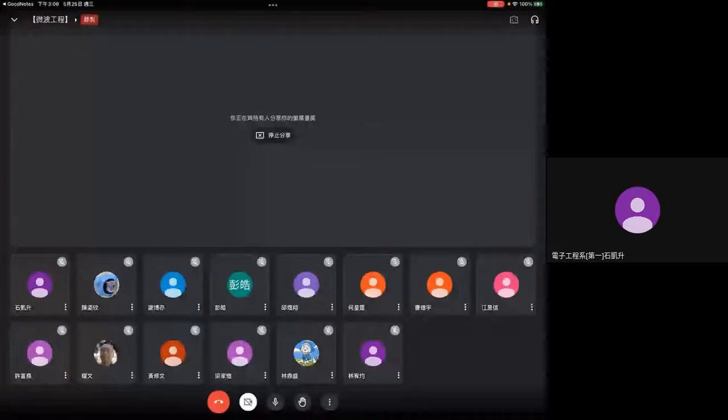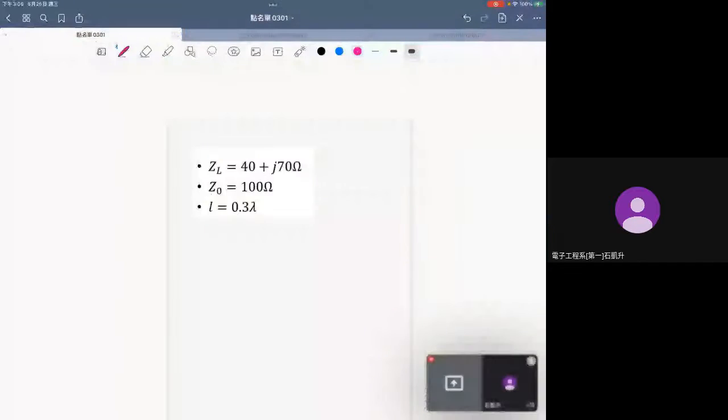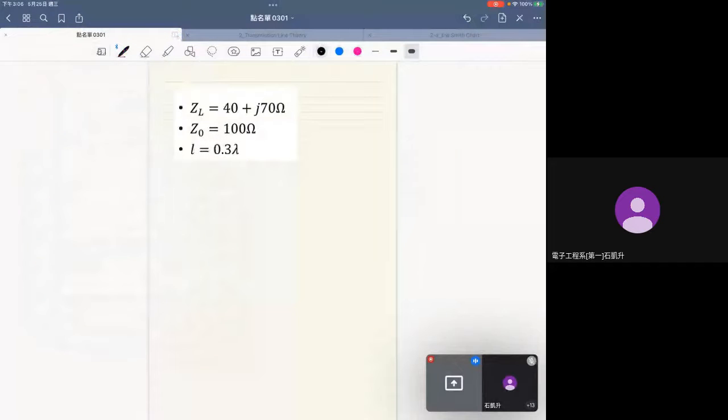Please use your Smith chart to answer a question. If I have a load which is 40 plus J70 ohm, I connect this to a transmission line.